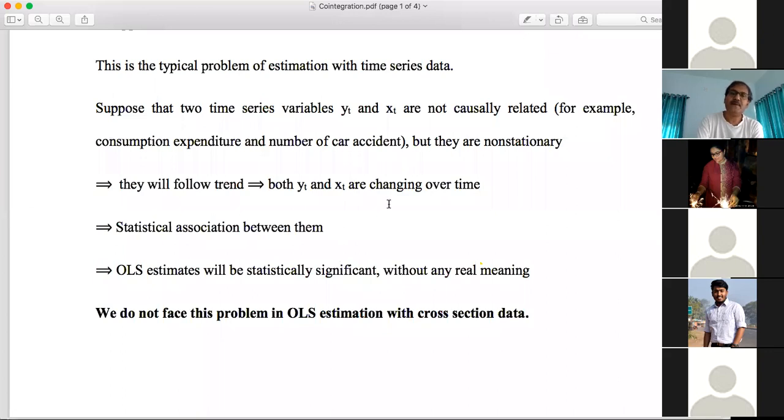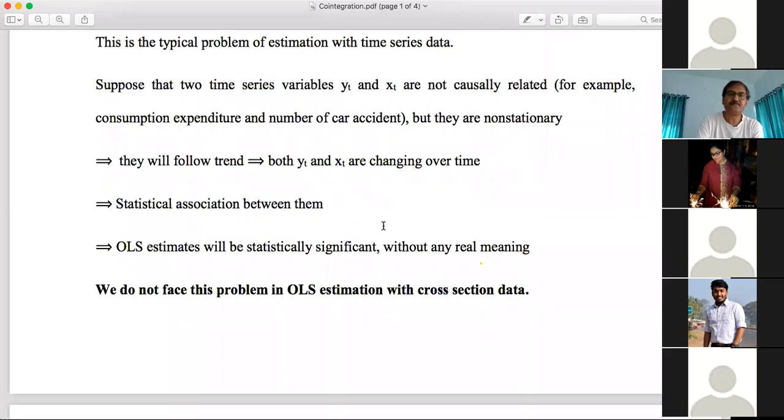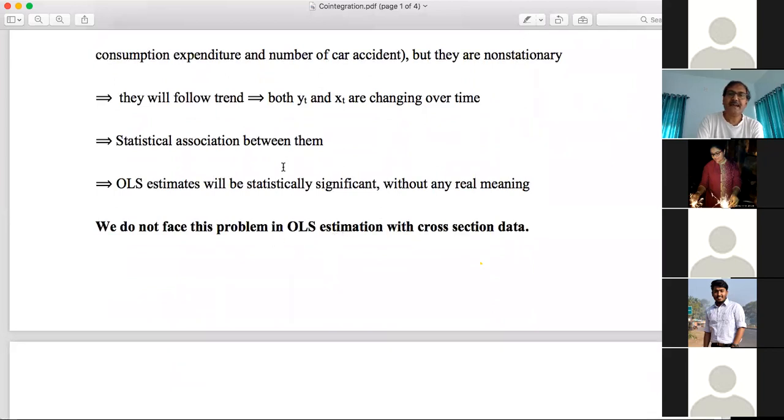So hopefully it is clear how we get a spurious regression in the case of non-stationary time series variables. This kind of problem we do not face if we have cross-section data.